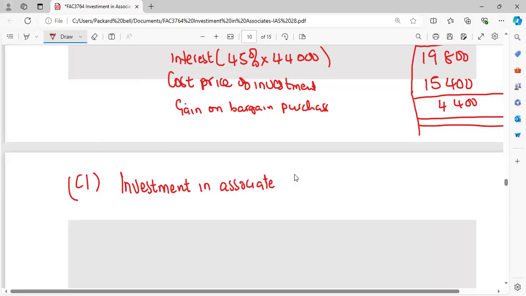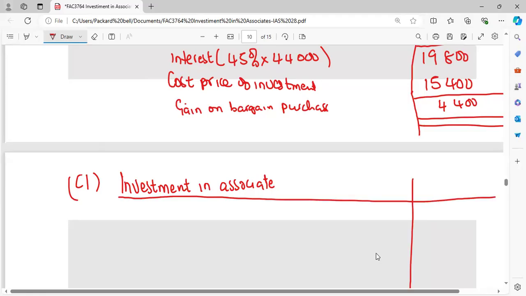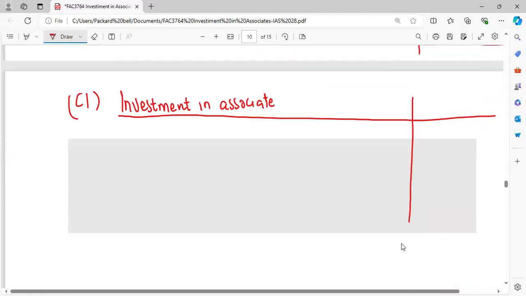Investment in associate. Right. So in your investment in associate, remember if you go to the notes, we start from the cost of the investment.